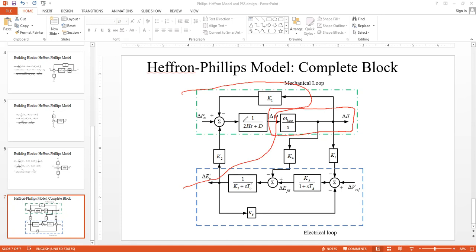So now they are combined. The third one is del EQ prime. We had delta EFD and K4 del delta. K4 del delta came as a minus and delta EFD came as the plus. So this is the third block.